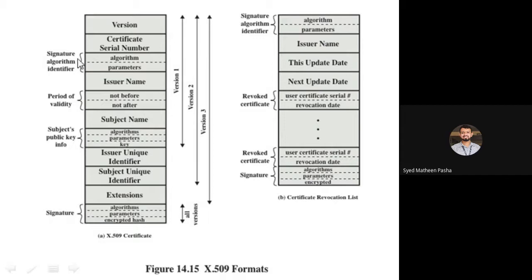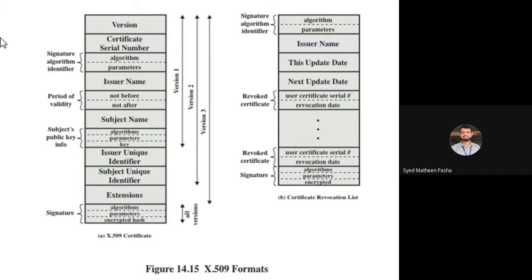The signature algorithm identifier has two different parts: the algorithm as well as the parameters. The algorithm specifies which kind of technique you are using. Parameters are what you pass for the particular algorithm. So these are the two parts. Then the period of validity. What should it consist of? When it will expire, until when you can use it.